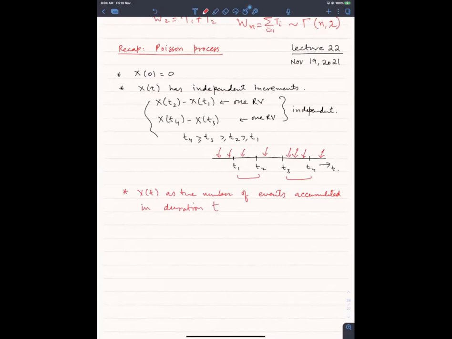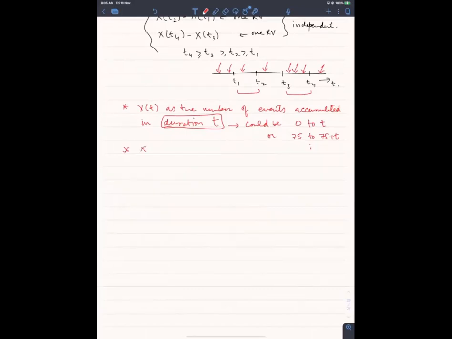And we did not say when this duration is. It could be from 0 to t, or from 100 to 100 plus t. The duration could be 0 to t, or 75 to 75 plus t. It could be anything, and so on and so forth.